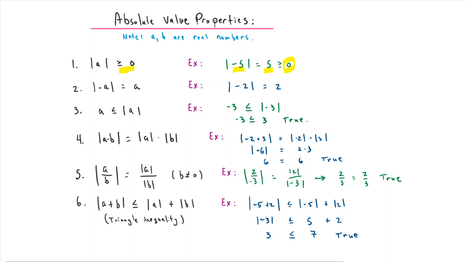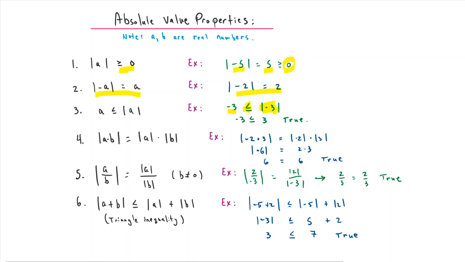And the second rule is really part of the definition that we've discussed already. And we have a quick example. Absolute value of -2 is +2, but I think you're probably good at that. How about this next one, number 3? A is always less than or equal to the absolute value of A. So let's say -3 is going to be less than or equal to the absolute value of -3.